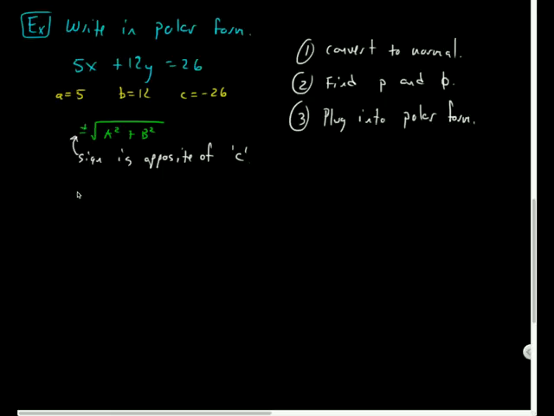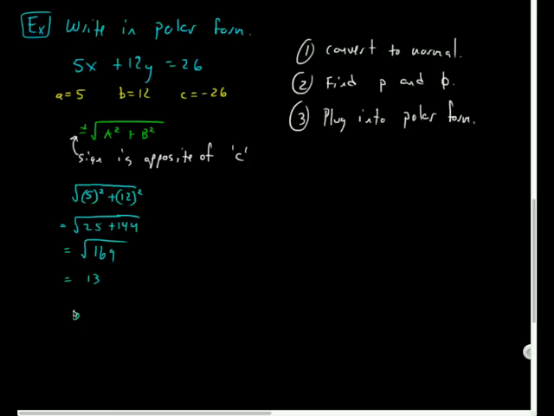So this is going to be the positive square root of 5 squared plus 12 squared, so the positive square root of 25 plus 144, or the square root of 169. It's a very friendly number, which equals 13. So what I'm going to do now is divide it all through by 13.